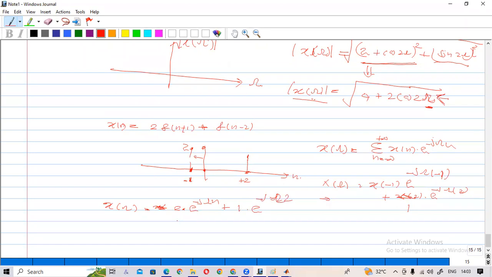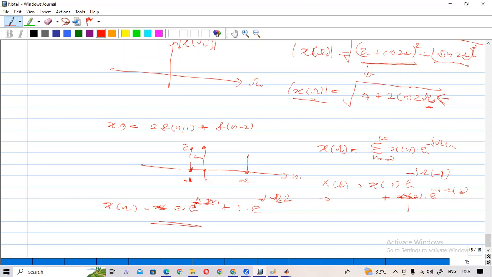Maybe this one also is hard to draw, even using the Euler formula. If this were minus 2, then it would be easy. Using the Euler formula, this will be plus j2 omega and this will be minus j2 omega.